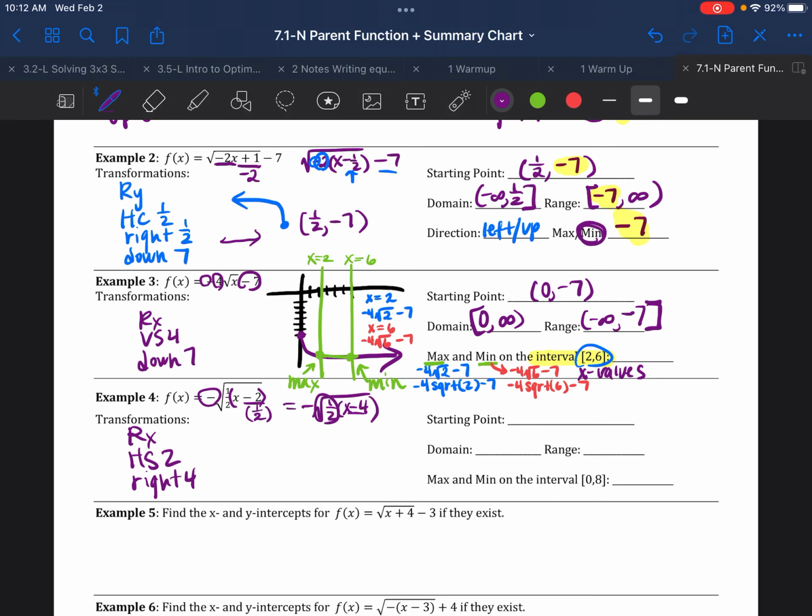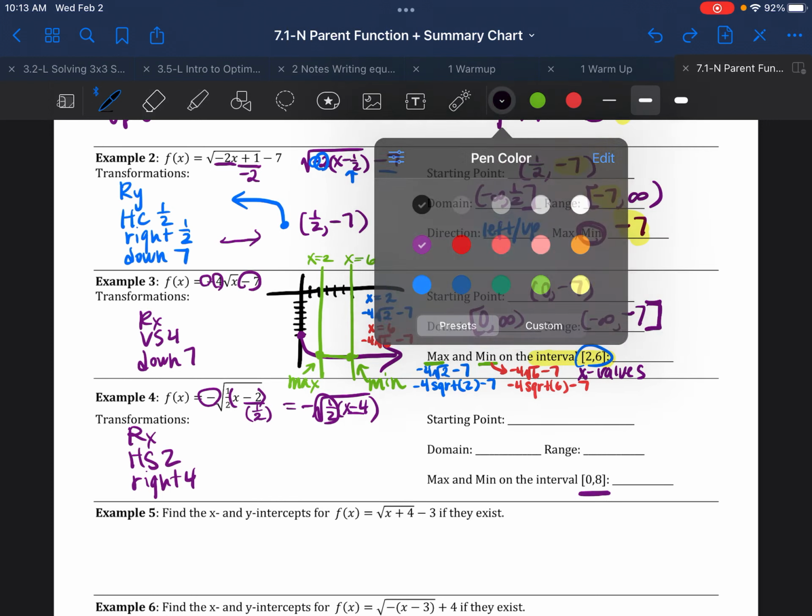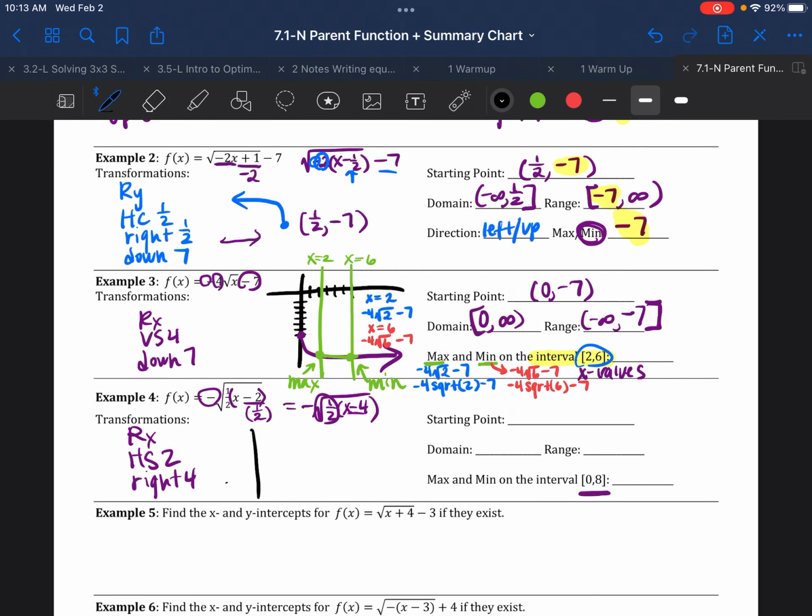Okay, so on a graph, first let's look at what intervals we're interested in. 0 to 8. Okay, so let me get black. 1, 2, 3, 4, 5, 6, 7, 8. And so our function has been moved right 4, but not up or down.